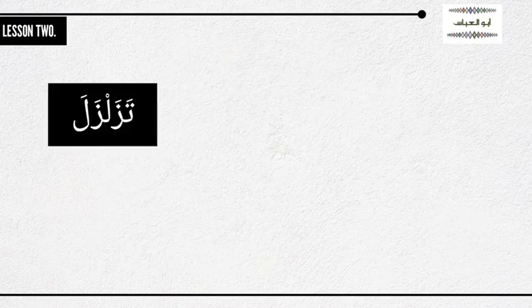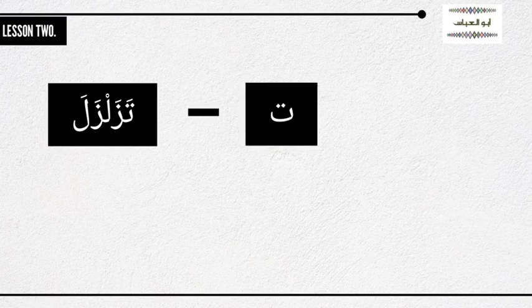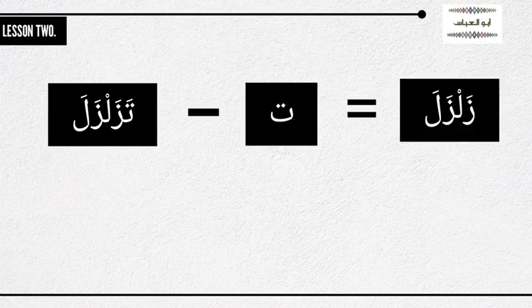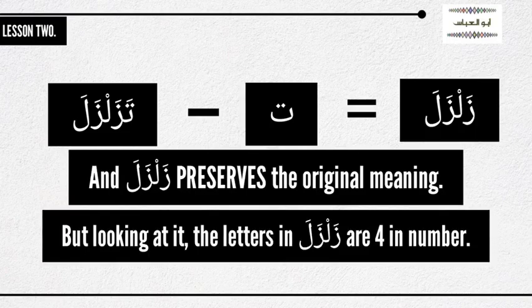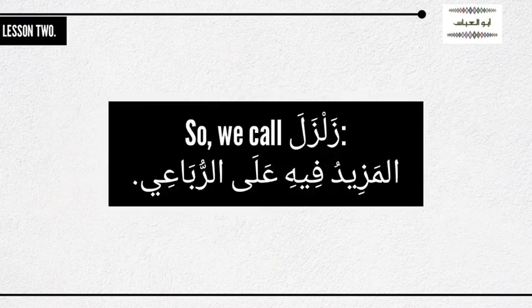So this tazalzala, if I take out the ta from it, I have zalzala left. And zalzala preserves the original meaning. But if I look at it, the letters there are 4 in number. So I am going to say it is al-mazidu fihi ala rubai.